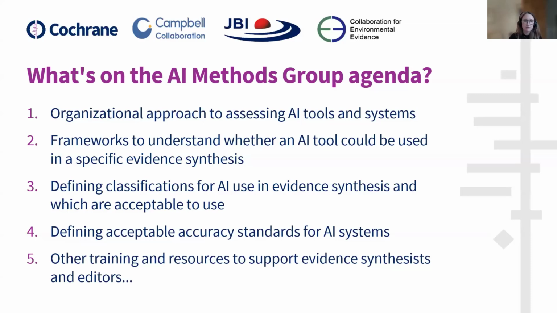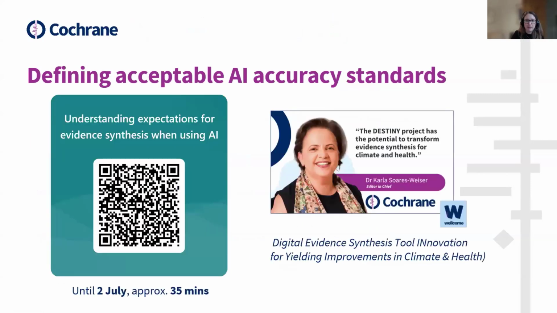We've obviously mentioned how important this is, and breaking down those steps for authors is a priority area. Third includes defining classifications for AI use in evidence synthesis, and defining which are acceptable to use in what situations. We also want to work on defining acceptable accuracy standards for AI systems, as well as other training and resources that will support their use. And so one of the areas that has started moving is around the acceptable accuracy standards.